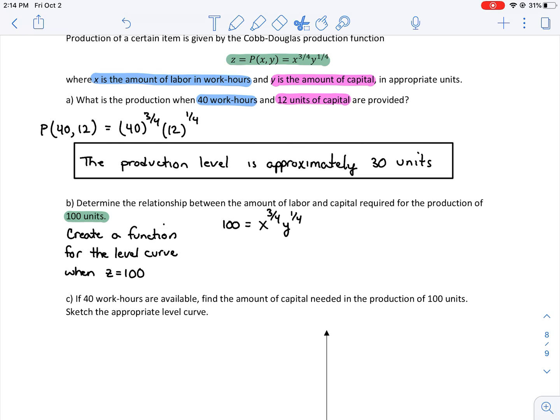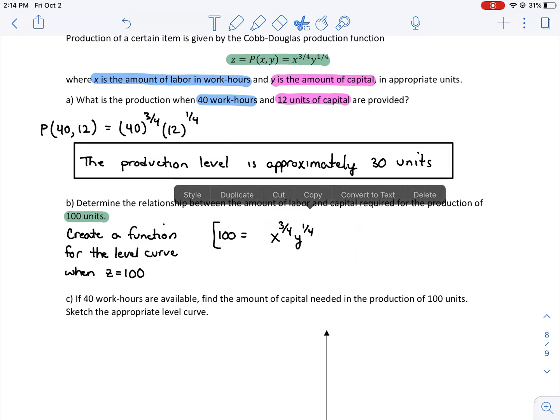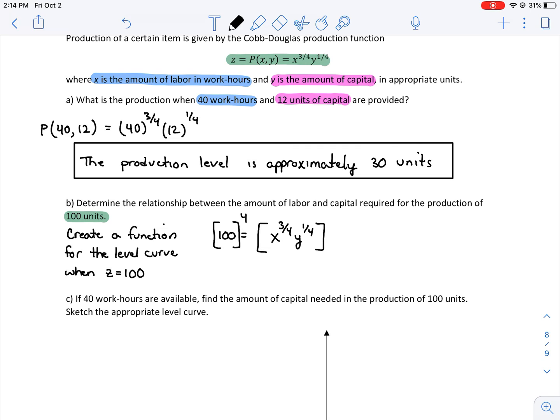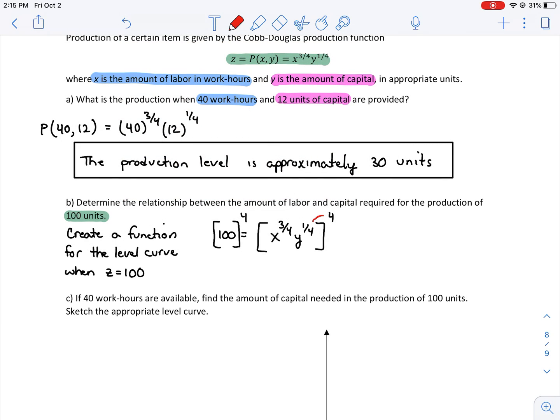And now we have to solve for y. So I'm going to raise both sides of this equation to the 4th power. And I'm going to show you why here in a second. So I'm going to raise this 100 to the 4th power. And I'm going to raise this expression to the 4th power also. Because when you raise a power to a power, you're going to multiply the exponents.